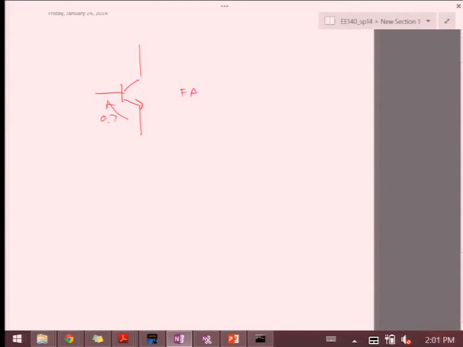If it is, then this must be 0.7 volts. And then I figure out how the rest of the currents and voltages stack up with this junction pinned to 0.7. Once I'm done, I check whether this piece is bigger than 0.2 volts. If it is, then my assumption was correct because I'm not in saturation. Or you can impose this as an additional condition and then solve for all the resistors and currents to make that happen. Then you're designing all the biasing on purpose to be in the forward active region.